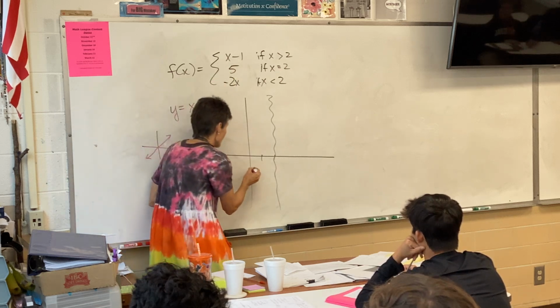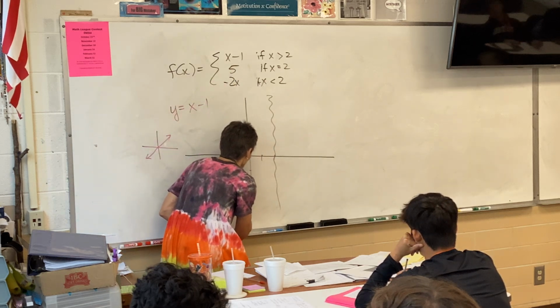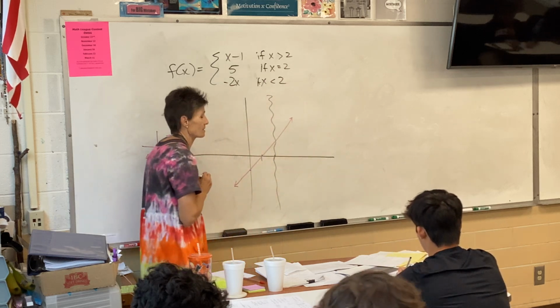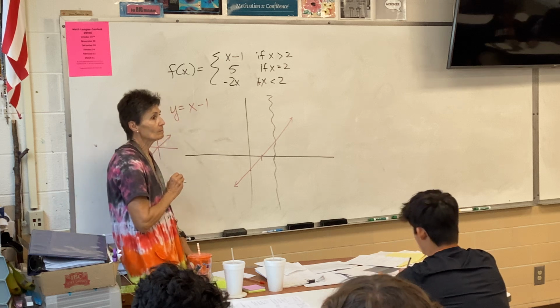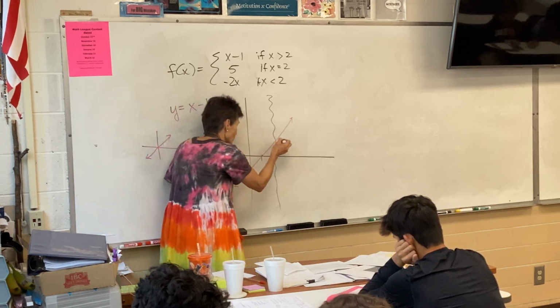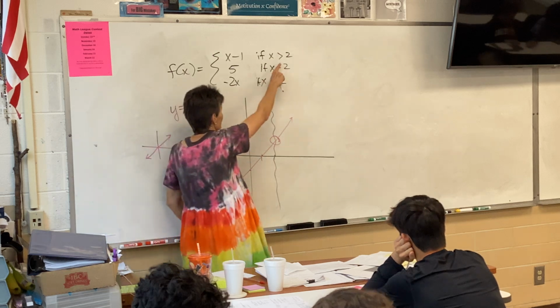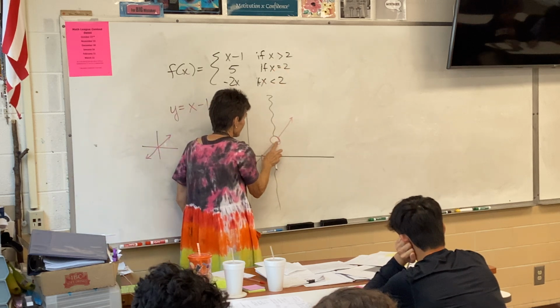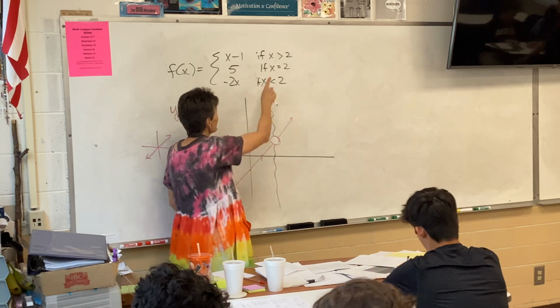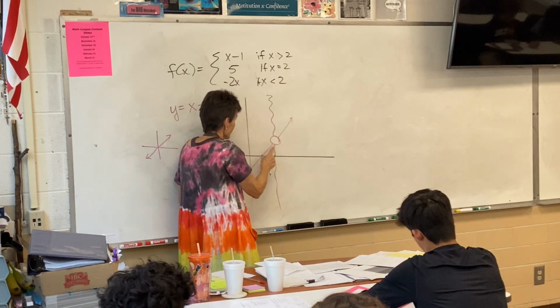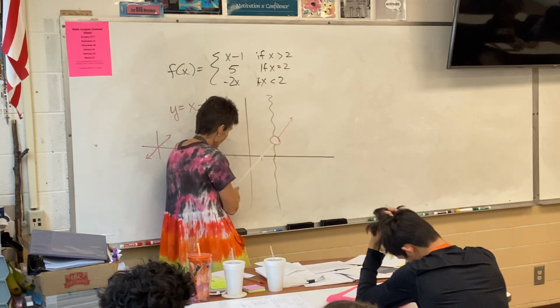Down 1. So now I'm going down 1. There it is. Now remember, all the excitement is right here. That will be an open dot, and it will be shaded to the right. So this is not important anymore.